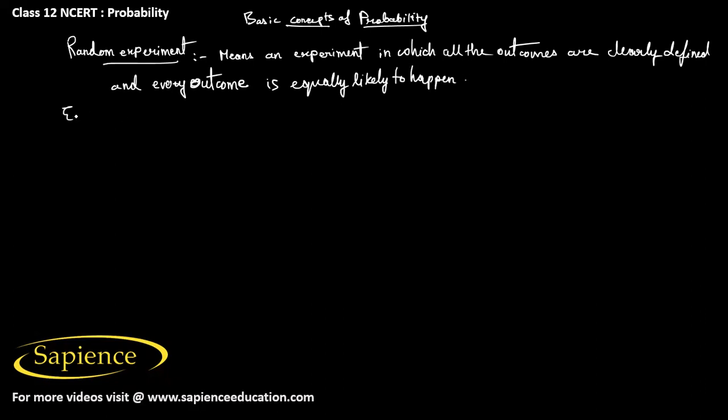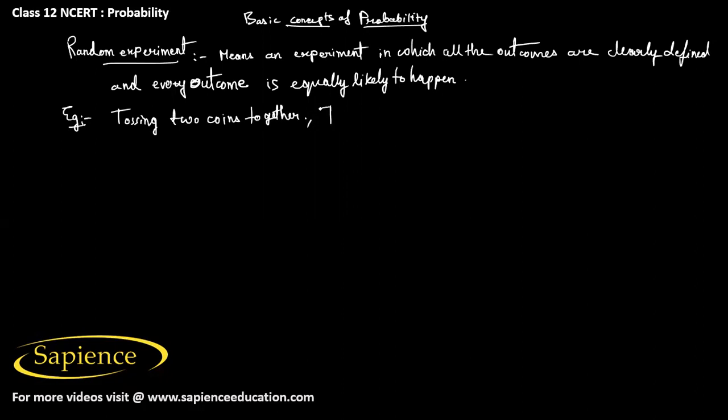So some examples of random experiments are tossing two coins simultaneously, or tossing an unbiased coin, or tossing two coins together.